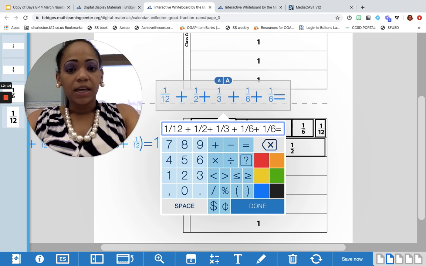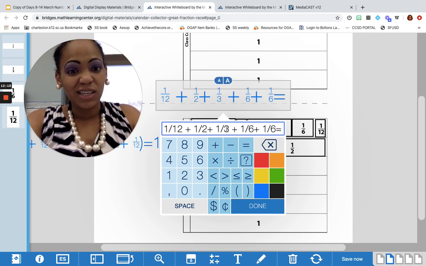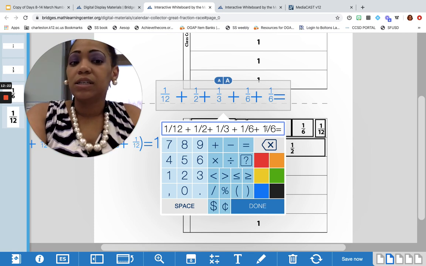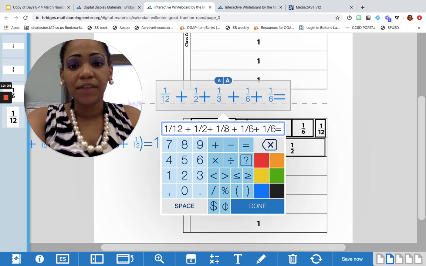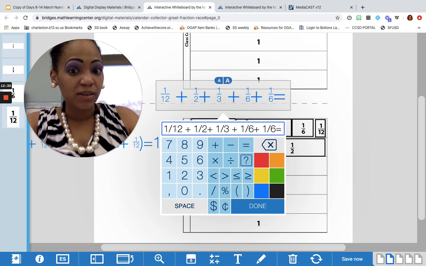And if I were to think about it in terms of how much this equals, let's see. We have 2/6 here. We have 1/3. We have a half, and we have a 1/12. We need to create some common denominators.